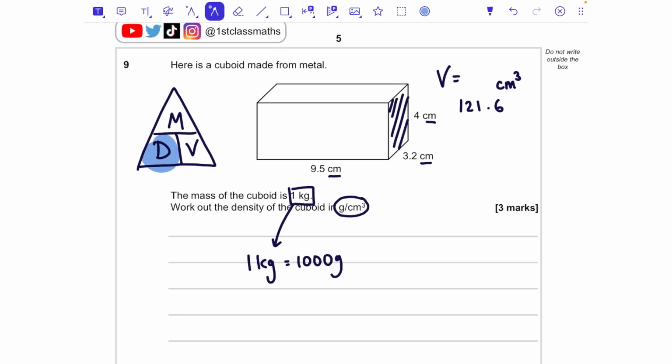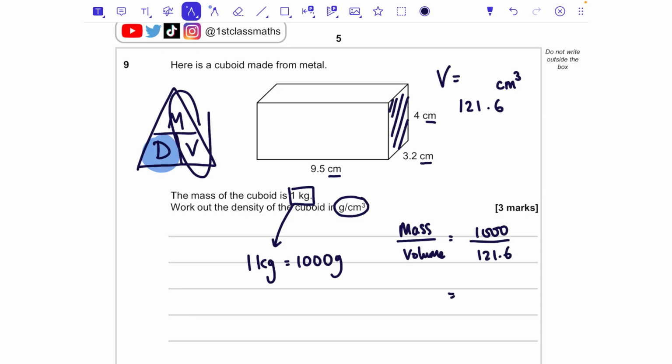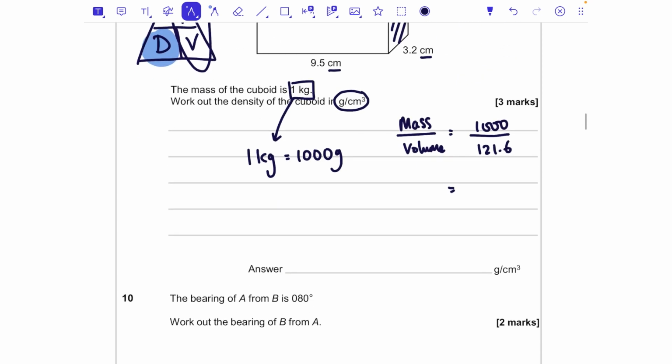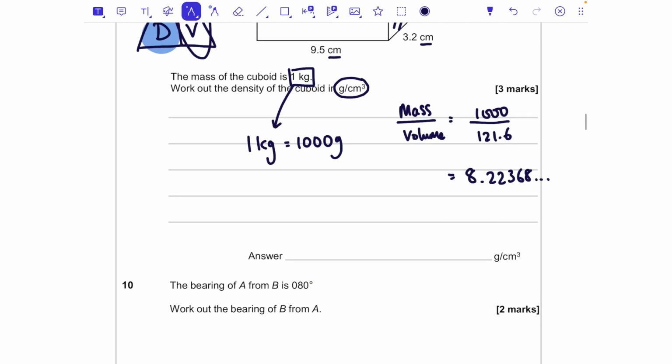So if we want the density, cover that up and do the sum that's left behind. So we're going to do mass divided by volume, which is 1,000 divided by 121.6. 1,000 divided by 121.6 gives me a density of 8.22368 and so on. We're going to give that to 3 significant figures, 8.22.